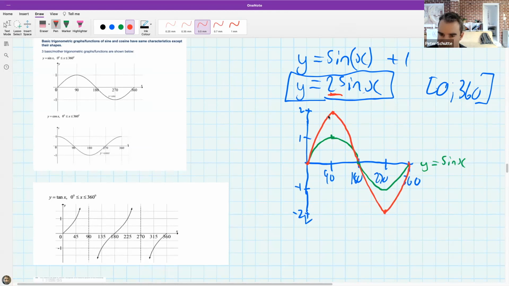Now that should be quite curved. So what this number does is it vertically stretches the sine graph. And so this coordinate over here would be 90, 2. And so this is called an amplitude change or vertical stretch. Are there any questions or comments about that shift?